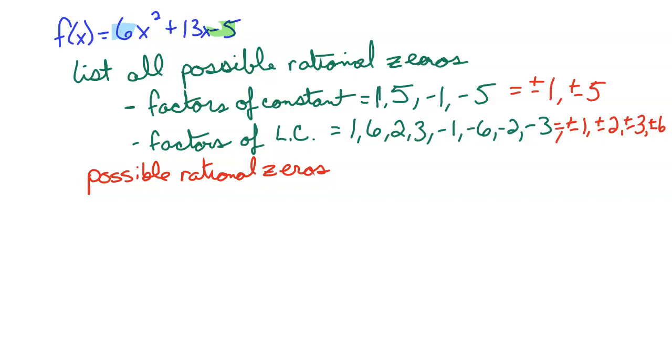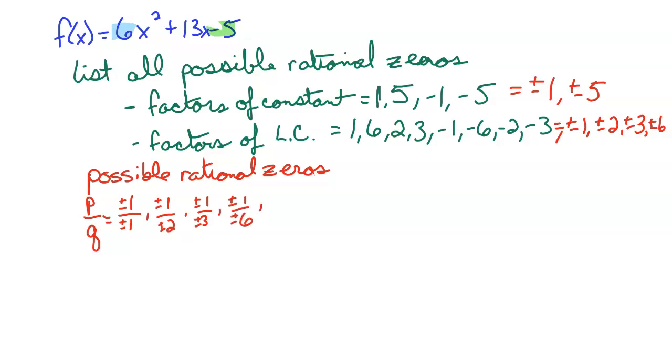What I'm going to do is remember that my possible zeros are p divided by q, so I'm going to take 1 and divide it by every single one of these factors of my leading coefficient. So I have +1 divided by a +1, 1 divided by a 2, a 1 divided by a 3, and a 1 divided by a 6.